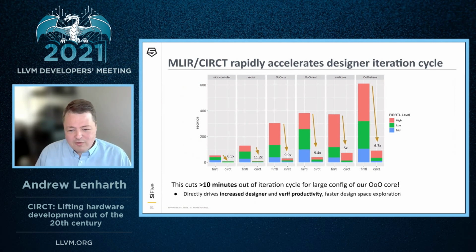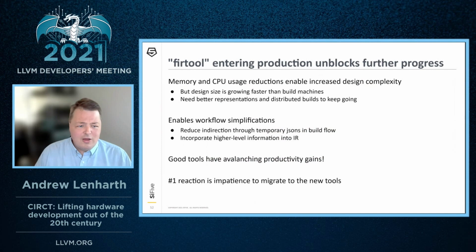So what we're seeing for a lot of our interesting cores is around a 10x improvement in the time it takes to run the FIRRTL portion of the compiler. And this happens to be really useful along with some other gains we're seeing. We're actually seeing memory reductions of around 90% over the reference compiler. And those two things put together really allow designs to scale up in complexity.